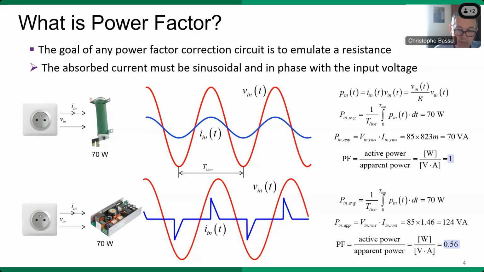Now, if you connect an AC-DC adapter, which also absorbs roughly 70 watts of average power, but it features a front-end rectifier made of a diode bridge and a capacitor, the average power, we consider that the efficiency is good, so it stays nearly the same as with the resistive case, but the RMS current is much higher than in the previous case, bringing a large apparent power. And in this case, PF is barely 0.6.